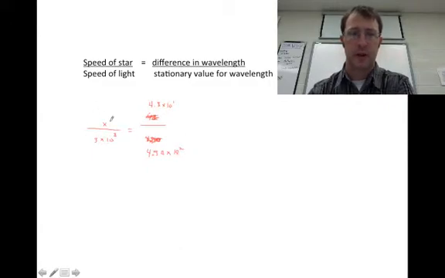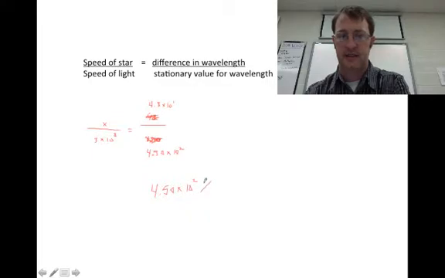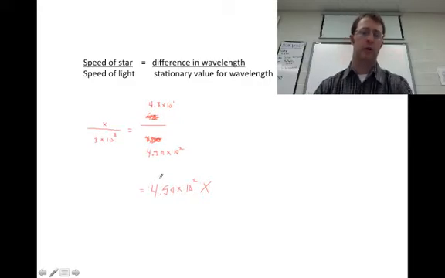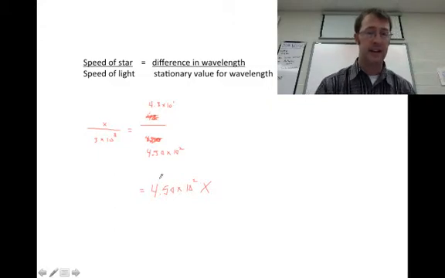Right? I cross multiply, so this becomes 4.50 times 10 to the second times x, because I'm multiplying that x into that. And this other one, 4.8 times 10 to the first times 3 times 10 to the 8th.